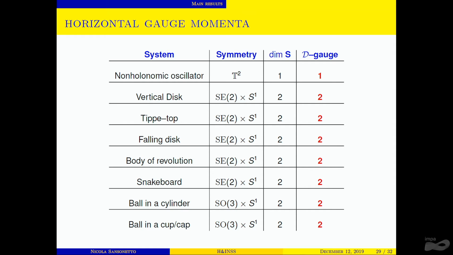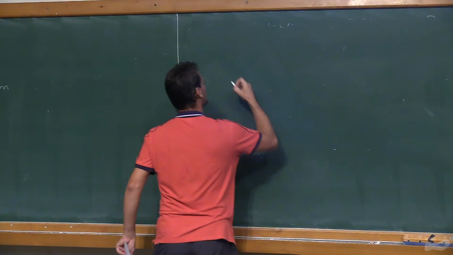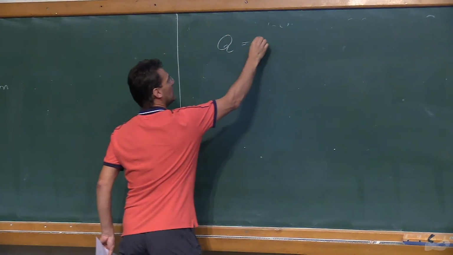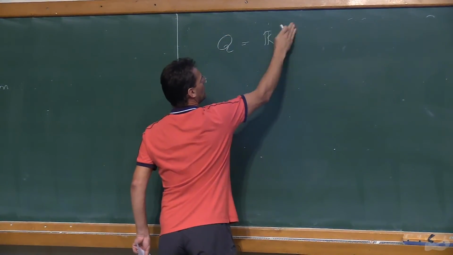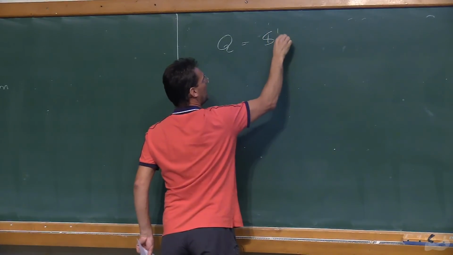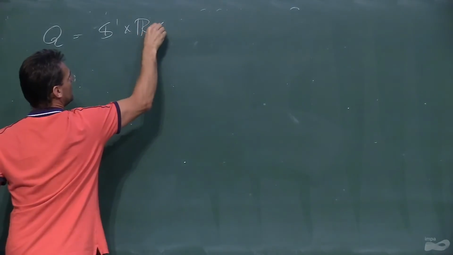Cylinder is here? Yes. Okay. The cylinder has configuration space, no, sorry, it's S1 times R times SO3.